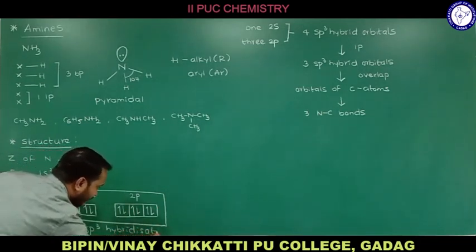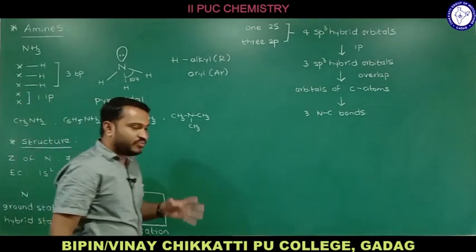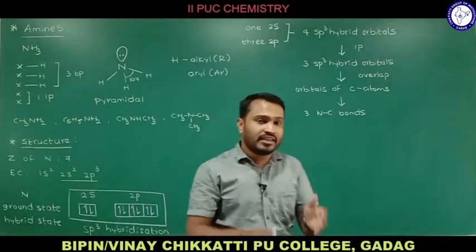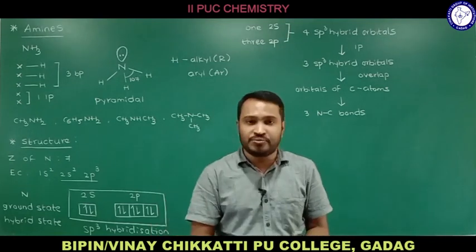And now after filling the electrons of the hydrogen or the carbon, this is called the hybrid state, not the ground state. So I can say this is the hybrid state of nitrogen. So what I am going to say here is that nitrogen in amines is sp3 hybridized, and this is the explanation I can give.